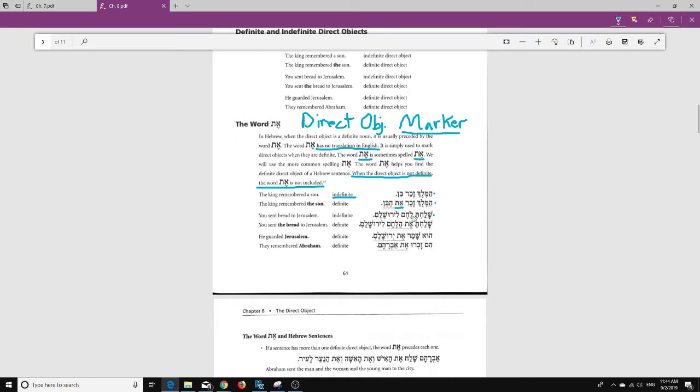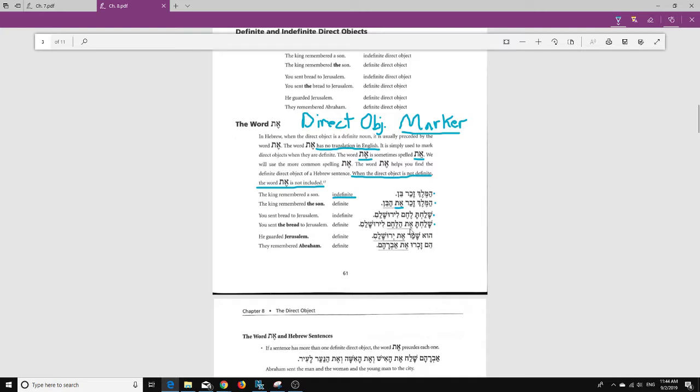Shalakta lachem larushalayim. Okay? This is you, masculine, sent bread to Jerusalem. Shalakta et halachem larushalayim. You sent the bread to Jerusalem.